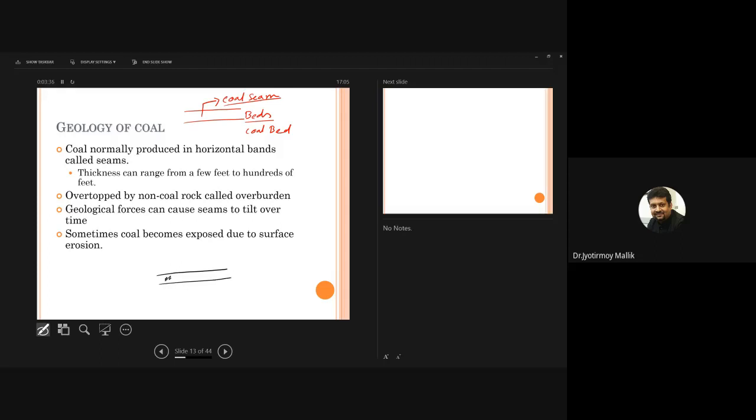Let's put the coal black, and then above it I have layers of sandstone and shell. So this could be any thickness. This thickness, we will call it the overburden, of course.